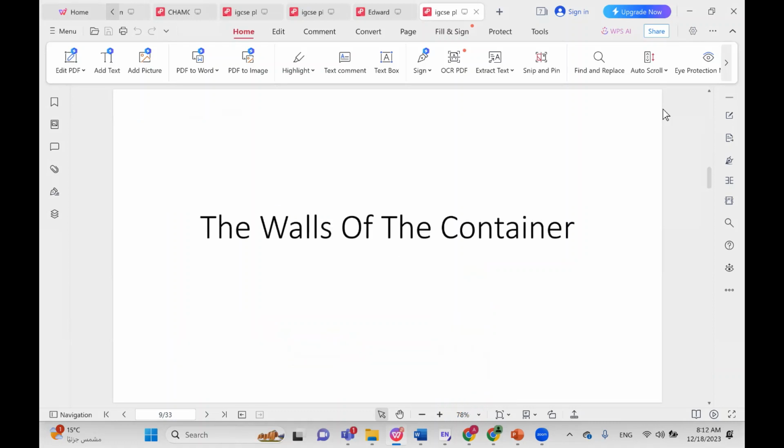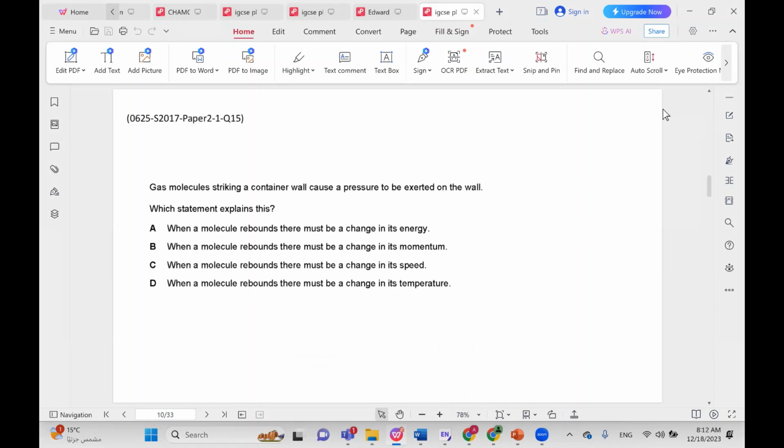Next, we analyze the effect of this increase in speed that we talked about on the walls of the bottle or the container in which the gas molecules are. So gas molecules striking a container wall cause a pressure to be exerted on the wall. Which statement explains this? So here is the thing. Like we said before, let's go back to the example of the bottle.